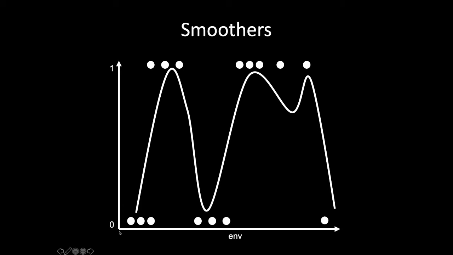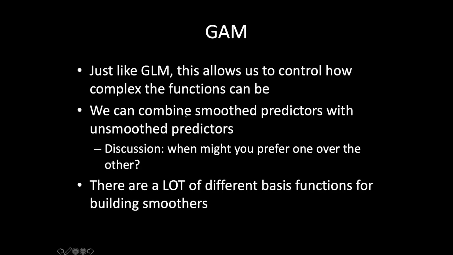But basically what happens when you fit this smoother is you now have this environmental gradient, and then you have what the smoother predicts. And you fit the correlation between what the smoother predicts and your response variable. So this allows us to control how complex the functions can be, because when you're fitting the smoothers, you can tell it how many knots to put in that smoother.